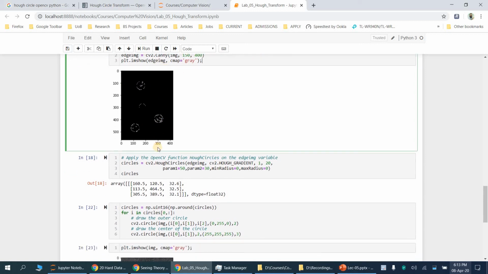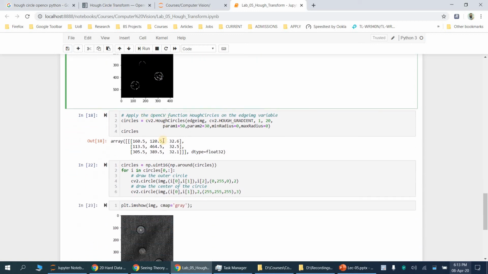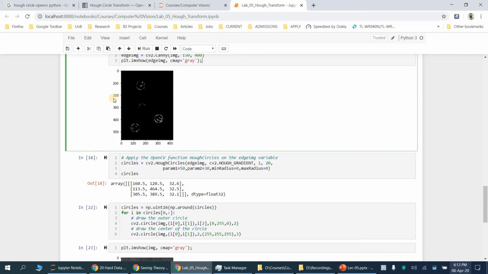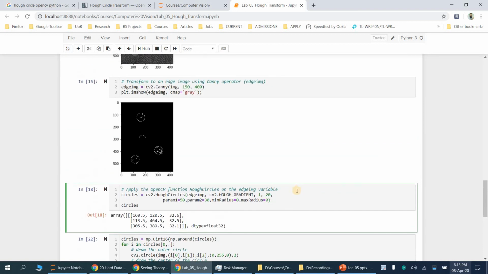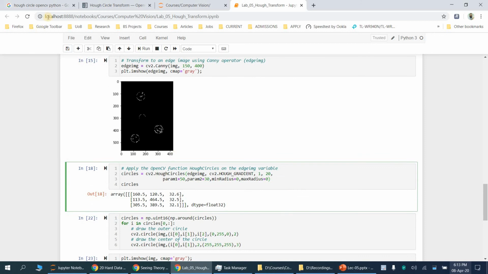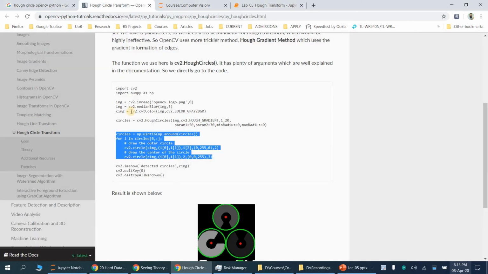I get this edge image, and from it I provide this function, HoughCircles. I provide the edge image, and then there is a constant given, HOUGH_GRADIENT. This is the only constant available. It does not change, so just don't mess with it. And then you have, let me see what the arguments were. Let me put it somewhere.